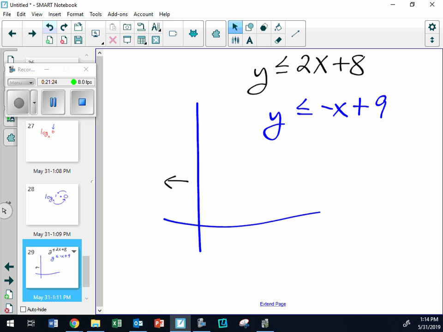And my question is, sketch it, include the common sense constraints that x has to be bigger than 0 and y has to be bigger than 0, and find the vertices of the feasible region. Find the little corners. Vertices. All right, I will pause just a moment while you try this.